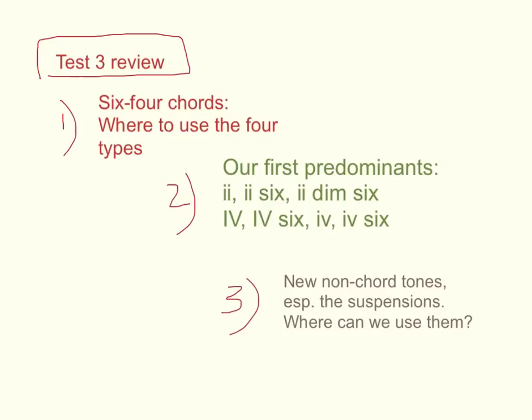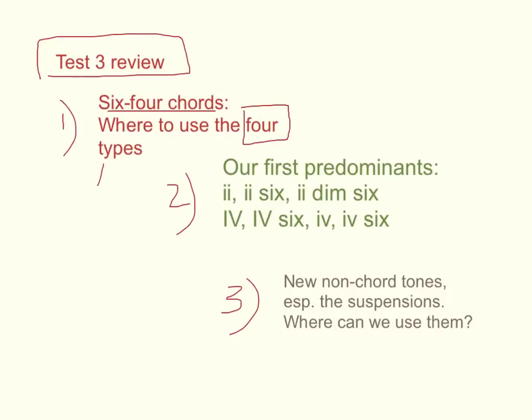We've had 3 new topics since our last test. Those are the 6/4 chords, where to use them, and there are 4 types of them, and where to use them comes out by what type they are, so not every 6/4 chord would fit always in the same place.